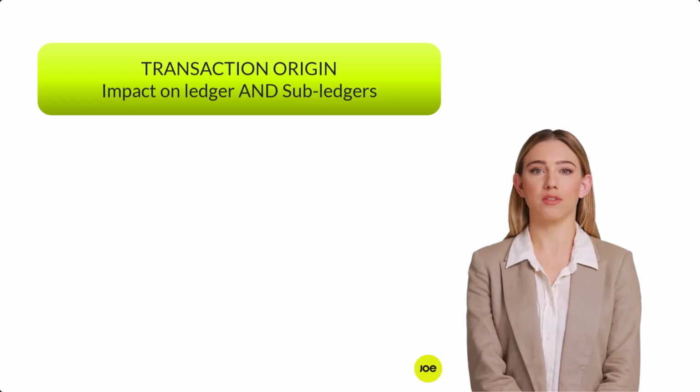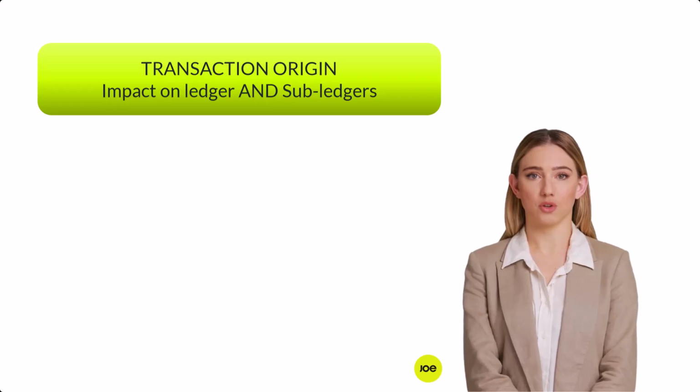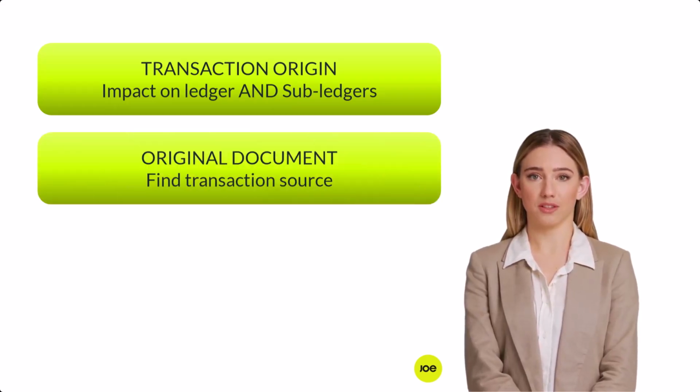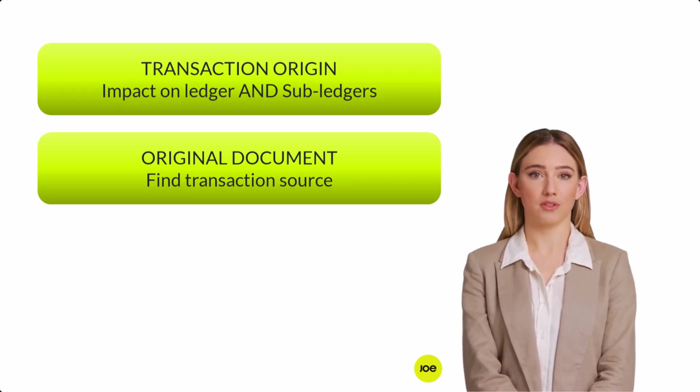That was quite a lot of detail. Let's just recap a few points. First, we saw how the transaction origin helps us to see the full impact of the voucher in both the general ledger and also the subledgers. Next, the original document feature was used to navigate back to the source of the transactions.